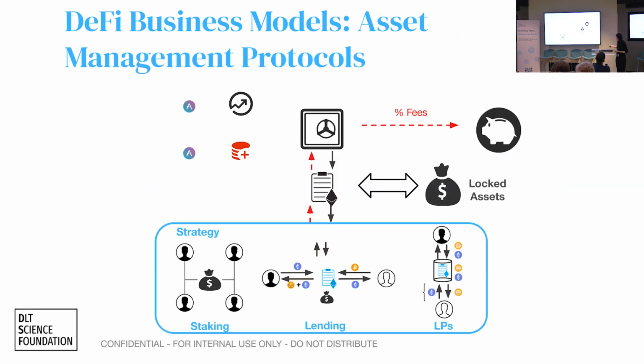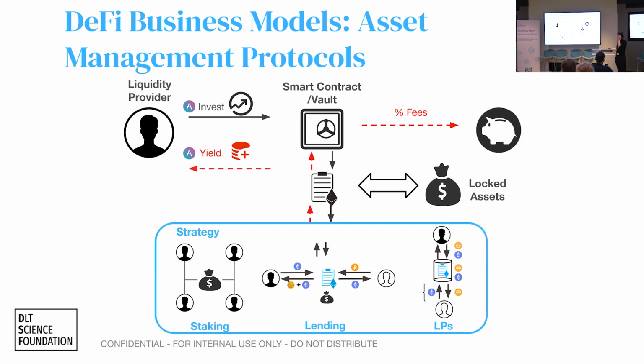Then we have the yield aggregators. As mentioned, they're different from decentralized exchanges or lending protocols in the sense that they're not really as primitive as those two categories, because they actually operate on top of those protocols.